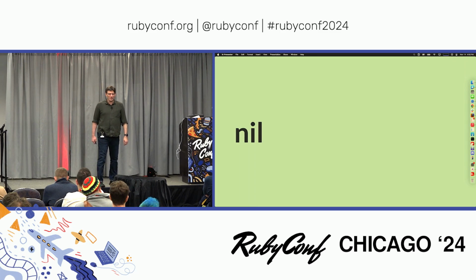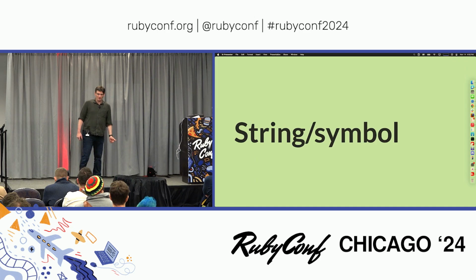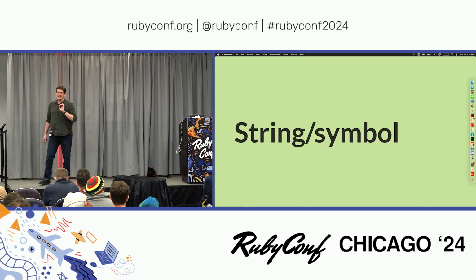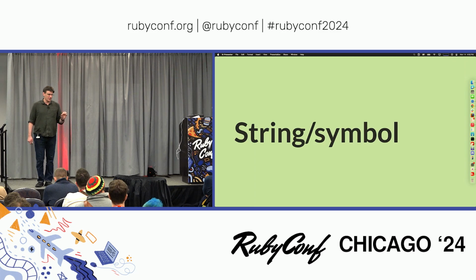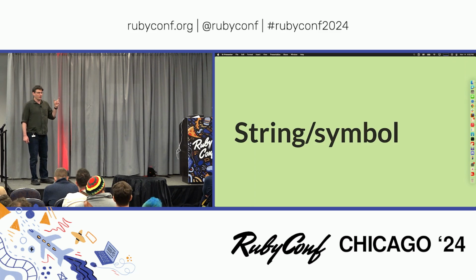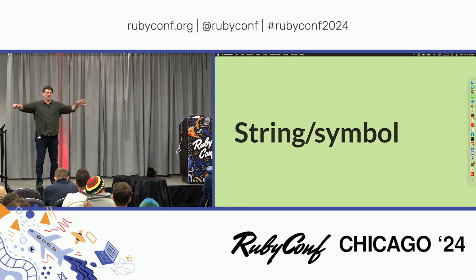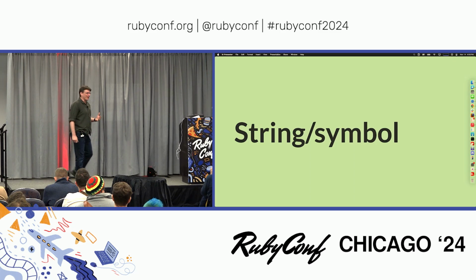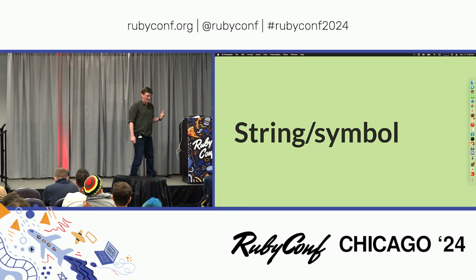The one that does make it to production is string and symbol. The specific problem here is I have a hash where the keys are strings. My incoming, everybody, half of you are like, I'm way ahead of you. And the value is coming from the database or JSON, so it is a string. And so it will never hit the hash that has symbol keys.